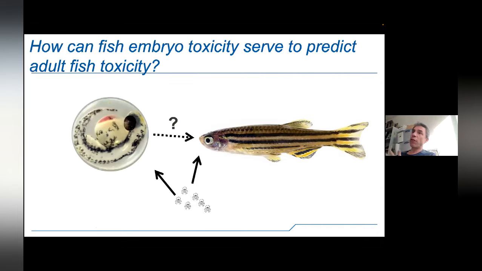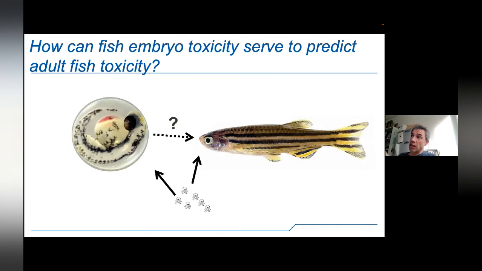And therefore the question is, how can fish embryo toxicity really serve to predict adult fish? So we need to understand why chemicals are toxic to adult fish and why they are toxic to fish embryos, so we can make a prediction for adult fish, basically to not do so many animal experiments.